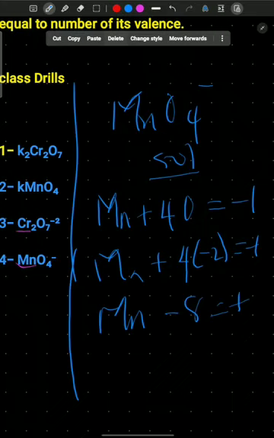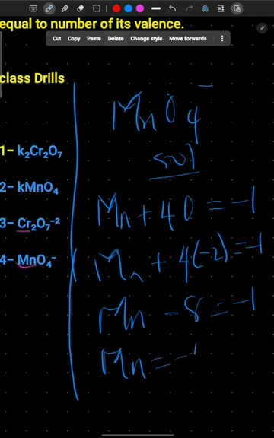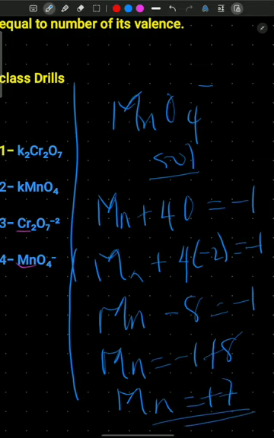So Mn minus 8 is equal to minus 1, because that's the charge. The charge is minus 1. So Mn is equal to minus 1 plus 8. Then Mn is equal to plus 7.